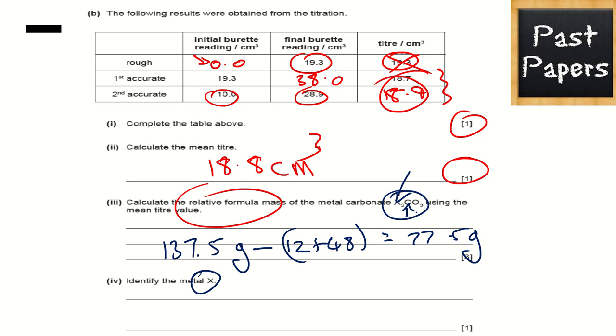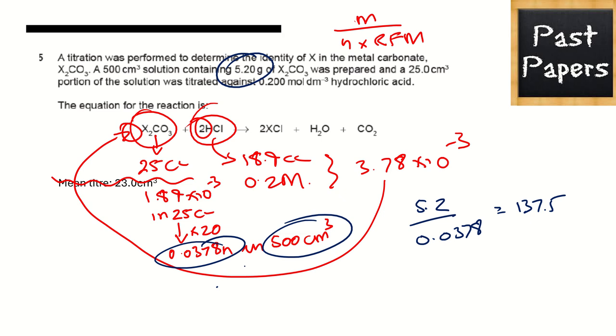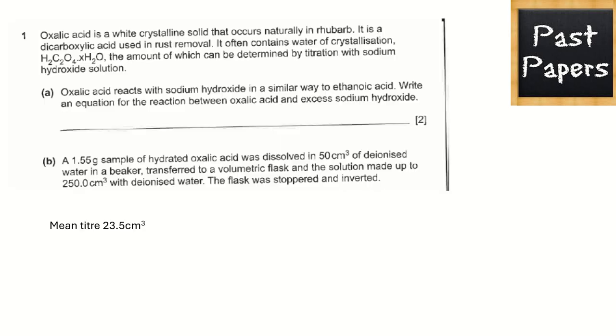So if I divide that by 2, that gives me 38.7. If I go to the periodic table and look for a group 1 metal that is closest to 38.7, I get potassium, which is of course 39. So you can see there where we had to be on the ball with regards going back from our 25 up to our 500.